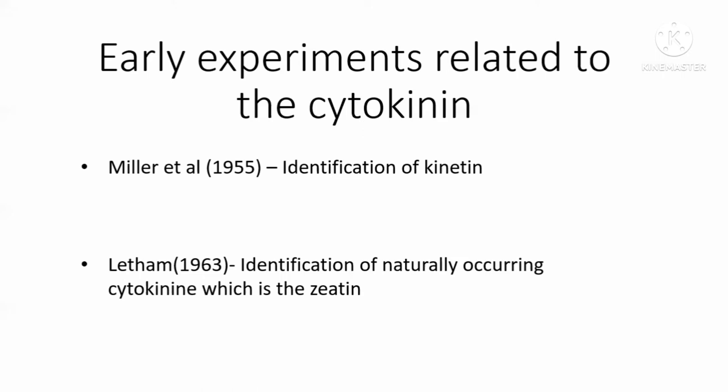Likewise, the herring sperm was placed inside the autoclave, and after that they incorporated it into the growth media. After that, they saw a higher rate of cell division, and later they named it kinetin. Actually, this kinetin is present neither in plants nor in the herring sperm.